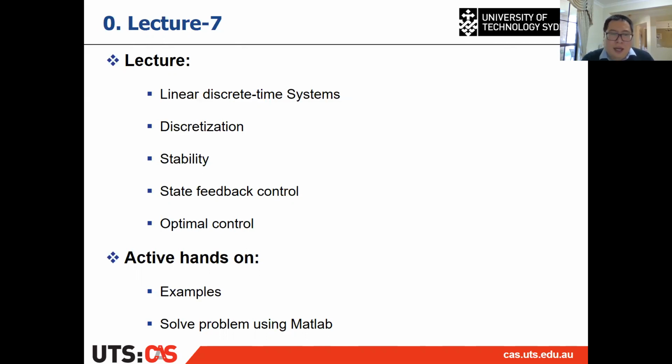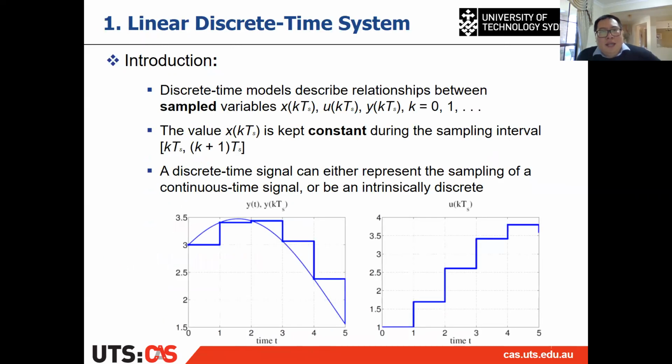All right, then in the hands-on activities, we will have some examples that you can work with, and also you can solve problems by using MATLAB. Right. So let's go to the introduction about linear discrete time systems.